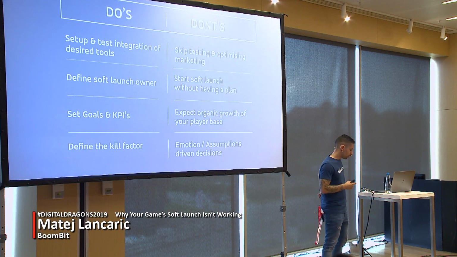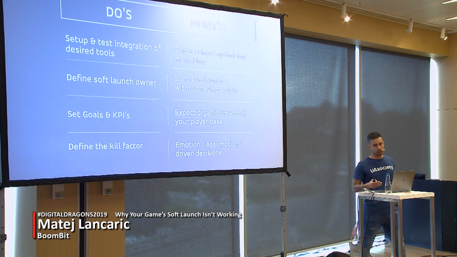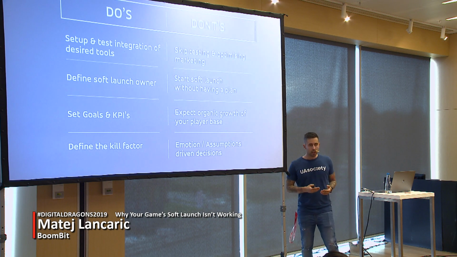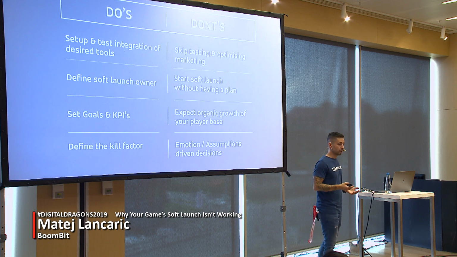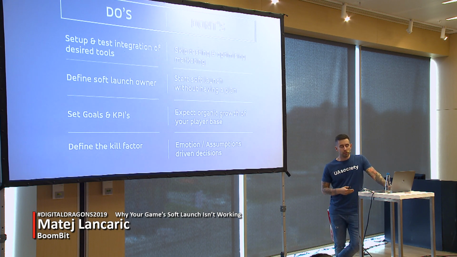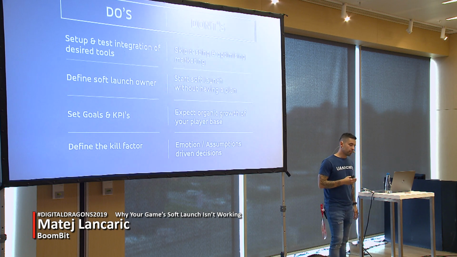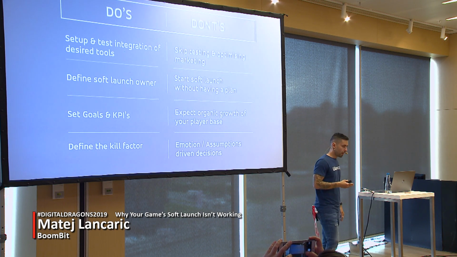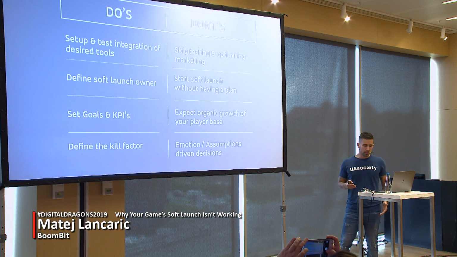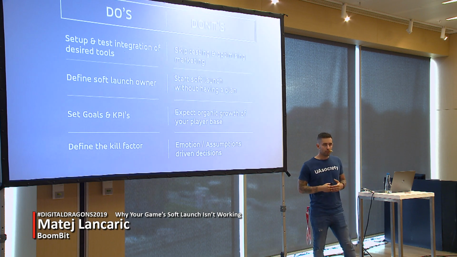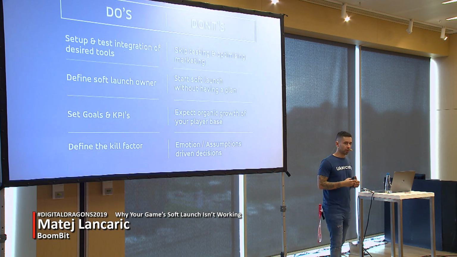But you shouldn't be skipping testing and optimizing the marketing channels, testing the creatives and testing the UA channels. And you shouldn't start a soft launch without having a proper plan, a proper UA or marketing strategy, also from the product point of view. And you shouldn't expect that your game will grow organically without any UA.